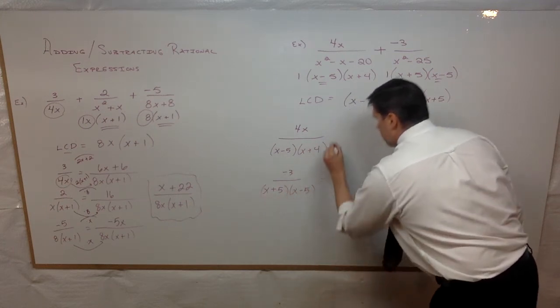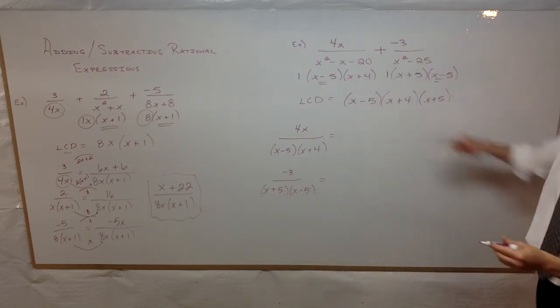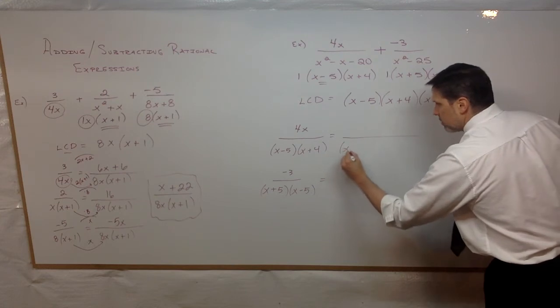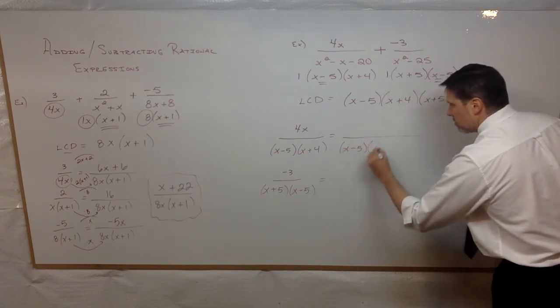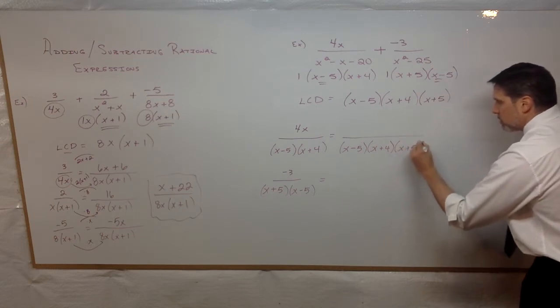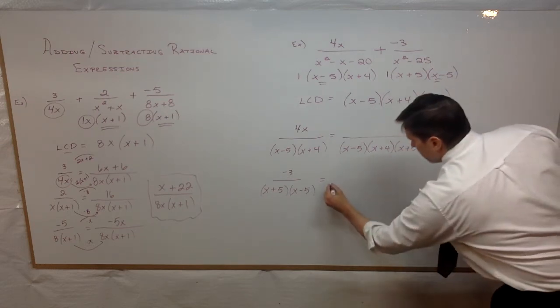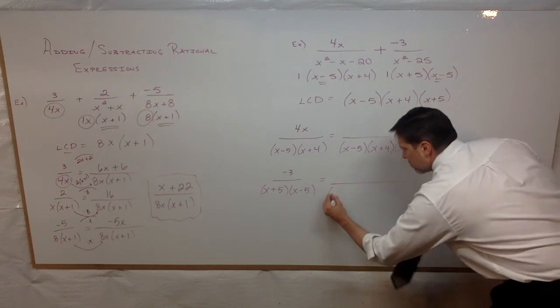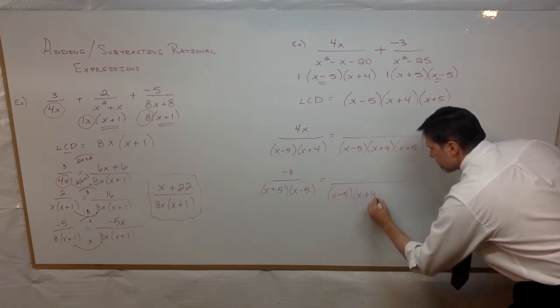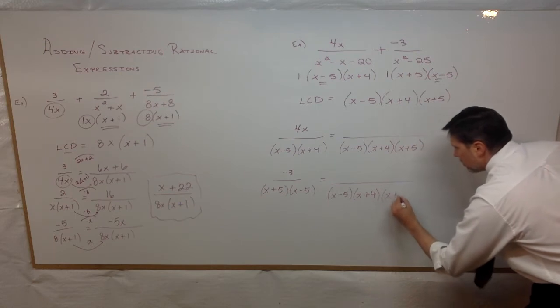And then next to these, write each of them with that least common denominator. Looks pretty bad, but it's actually not going to be too terrible when we do this problem. So I'm just copying my LCD. And then same thing, we got to do the same thing here. So x minus 5, x plus 4, and x plus 5.